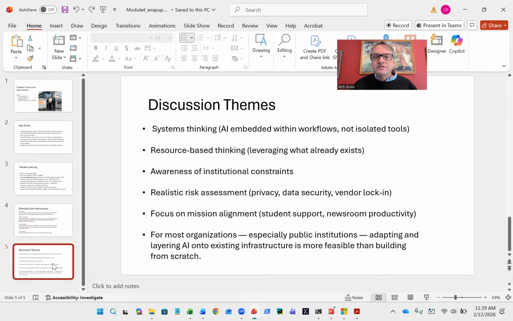So, of course, realistic risk assessment. Some of you work in highly sensitive areas, so Department of War and so forth. And so the main concern, especially with these new free web-based LLMs and AI agents that are created with open source tools, is that these are a real privacy and data security issue waiting to happen.